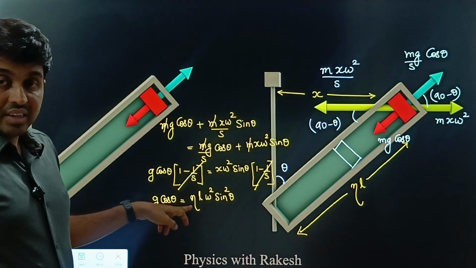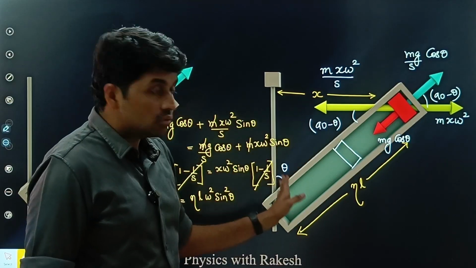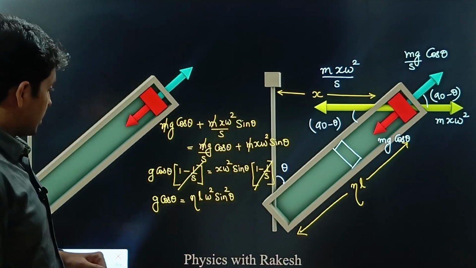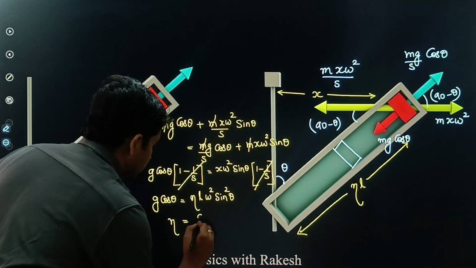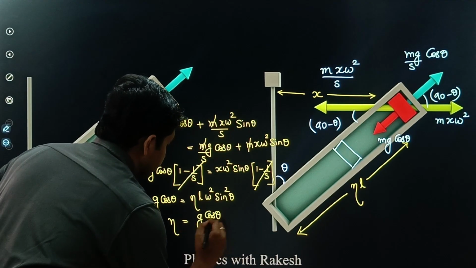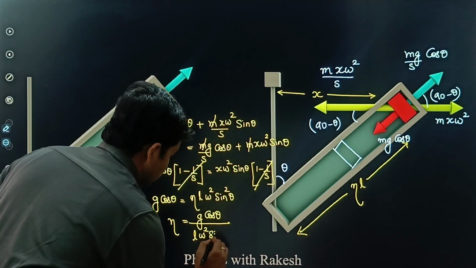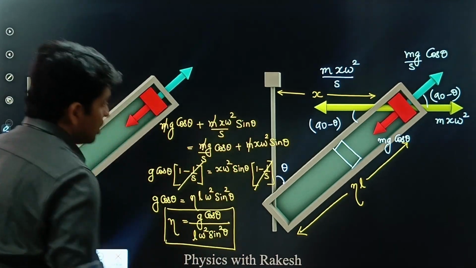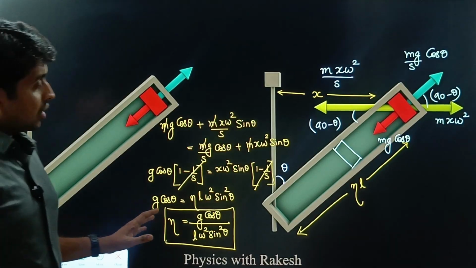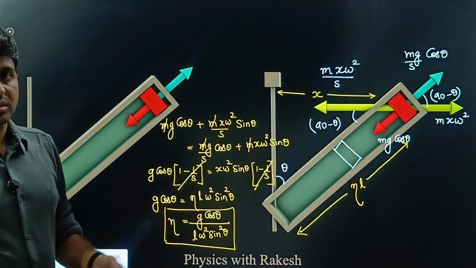So this eta is what he is asking. What is the fraction of length where it comes to equilibrium? So eta comes out to be g cos theta by L omega square sin square theta. Okay, all of you. So now we can proceed with the advanced MCQs.